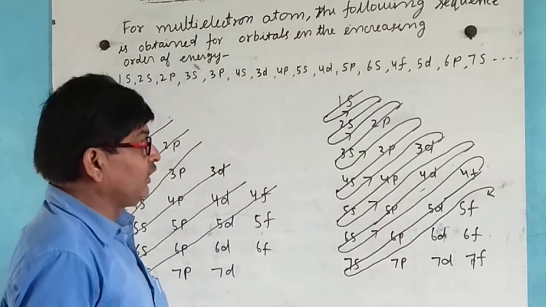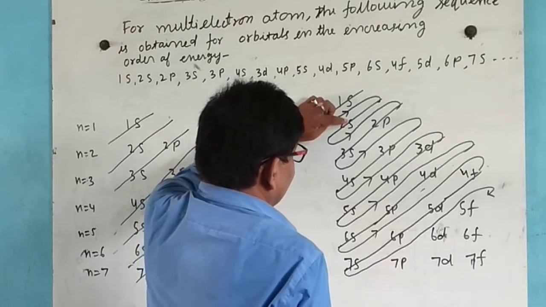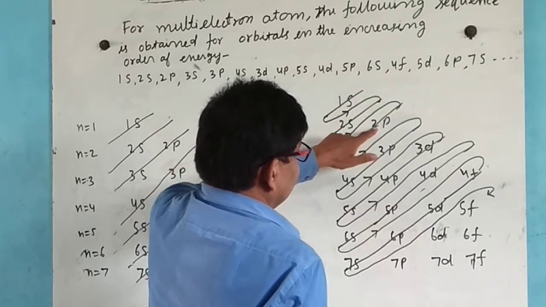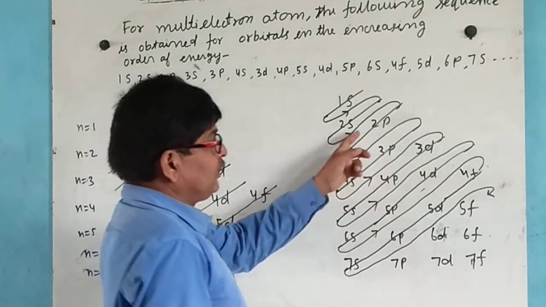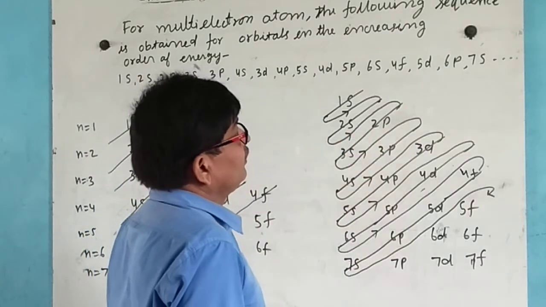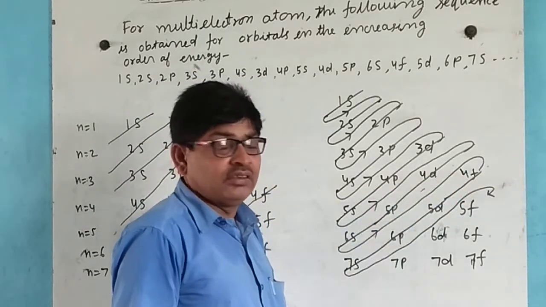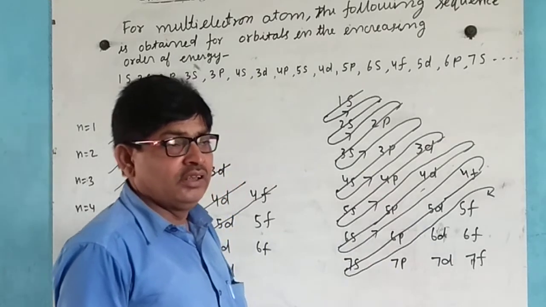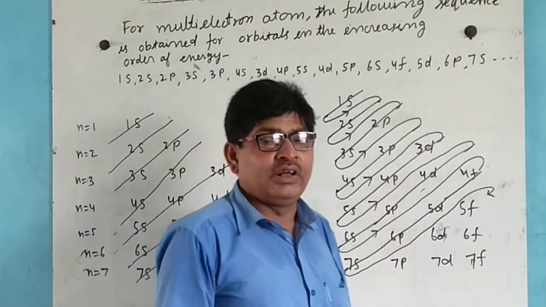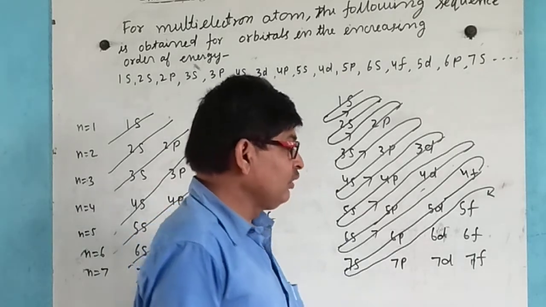Now as you know, s has 2 electrons, p has 6 electrons, d has 10 electrons, f has 14 electrons. If we sum up all the electrons in this, 118 elements are known.